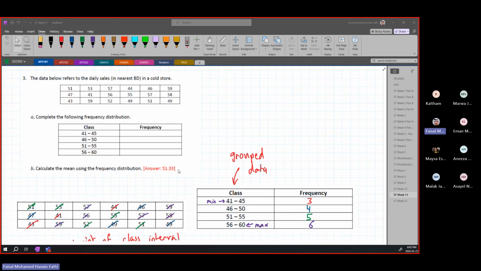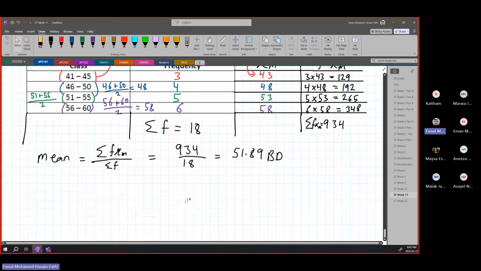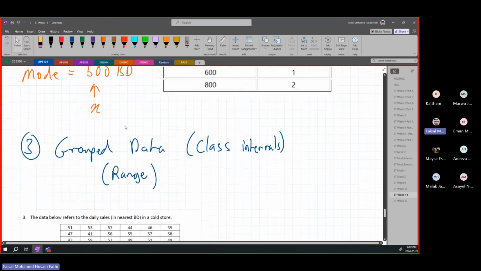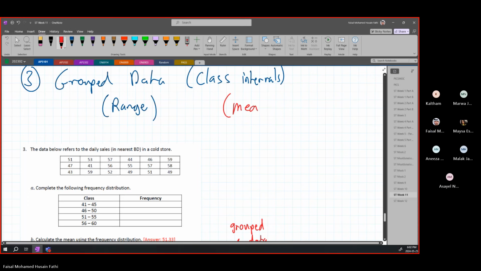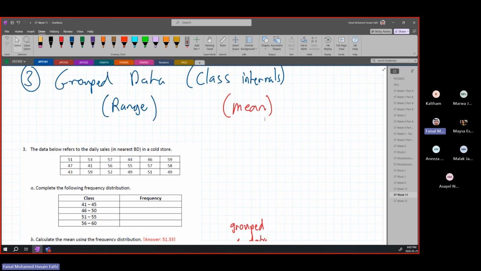Yeah, it's only the mean. There is no median and mode. All right, so for grouped data, you're only going to need to find the mean. Okay, so only the mean. Any questions about mean, median, or mode in general before we take a break and start standard deviation and variance?